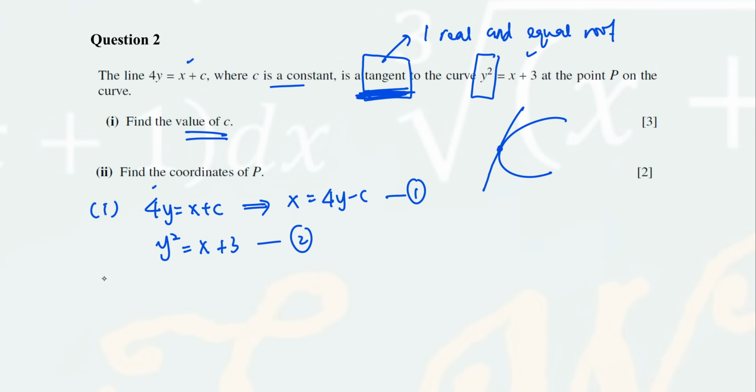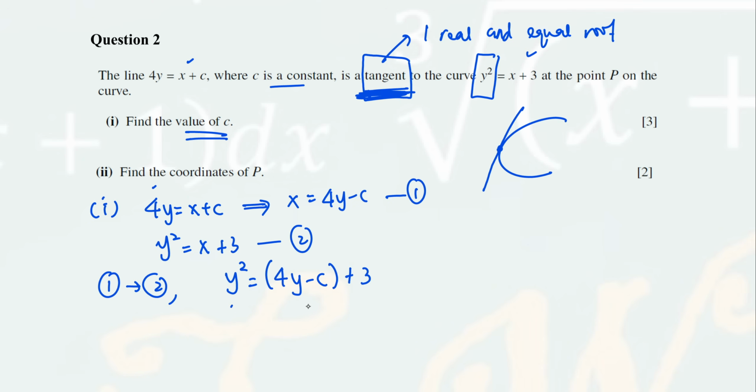Now I solve these two simultaneous equations by substituting the first into the second equation. So y squared equals, my x replaced by 4y minus c, then plus 3. Now I have y squared, so I get a quadratic equation in terms of y.